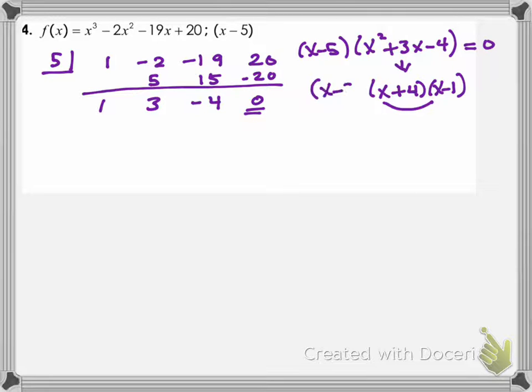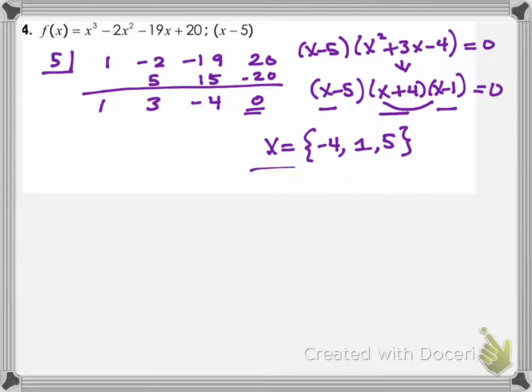So here's my factors. X minus 5, x plus 4, x minus 1. Set that equal to 0, so your zeros are -4, oh, there's my cat crying, 1 and 5. -4, 1, and 5. Okay?